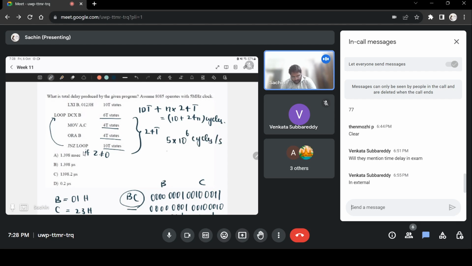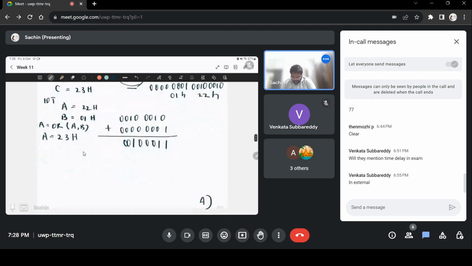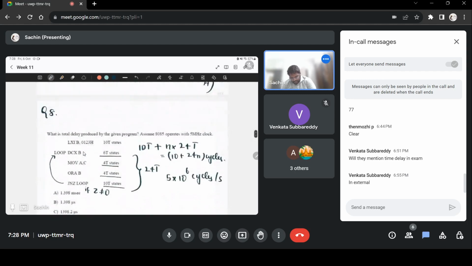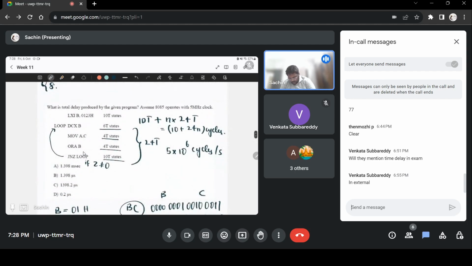So the total delay will be 10 plus 24n divided by 5 into 10 power 6 seconds. So our goal now is to find out how many times this loop occurs. This loop will keep occurring until the Z flag is set to 0.